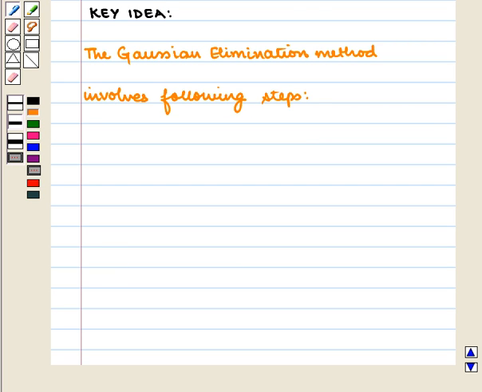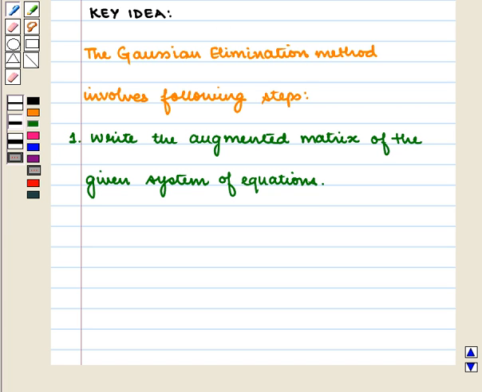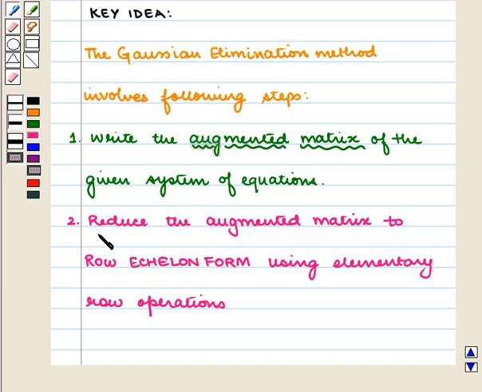The Gaussian elimination method involves the following steps. First, write the augmented matrix of the given system of equations. Second, reduce the augmented matrix to row echelon form using elementary row operations.